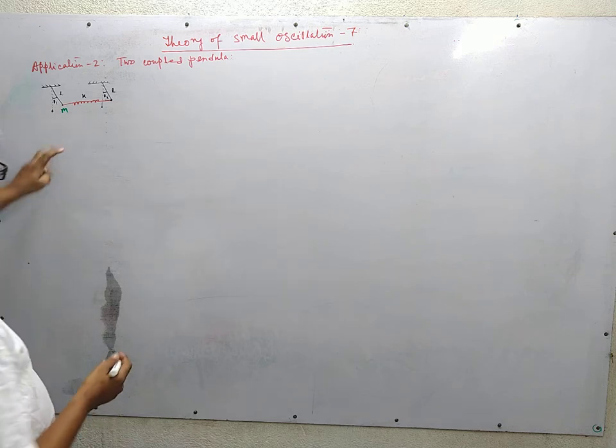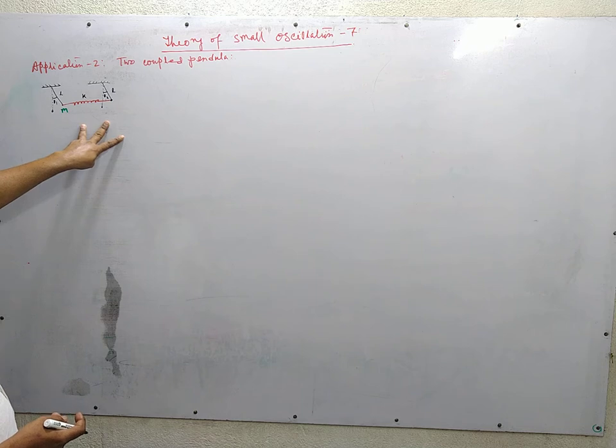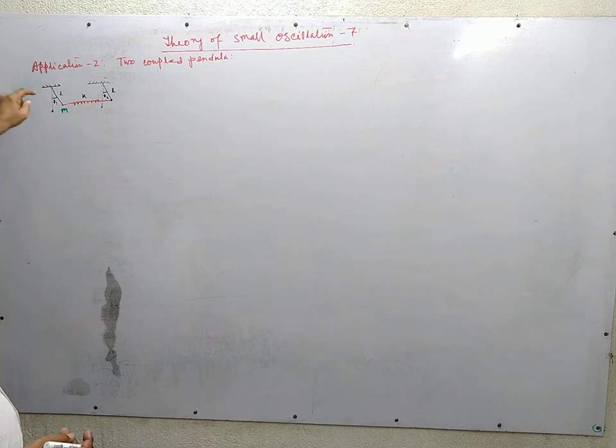Towards this, we first admit that this system has 2 degrees of freedom, and θ1 and θ2, the angles that the oscillators make with the vertical direction, are treated as the generalized coordinates.